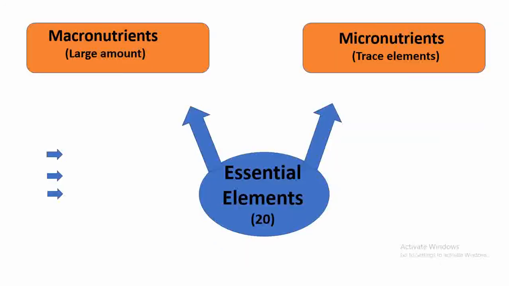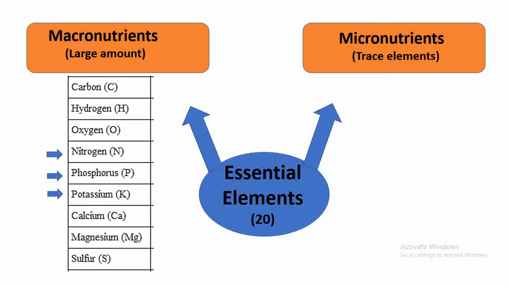These essential elements are again divided into macronutrients and micronutrients. Macronutrients are essential elements required in large amounts. Micronutrients, also called trace elements, are the essential elements required in small amounts for the growth and development of the plant.